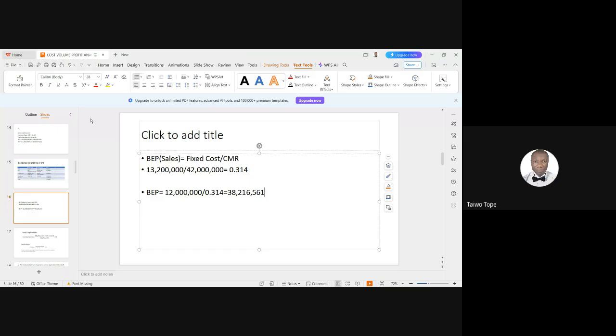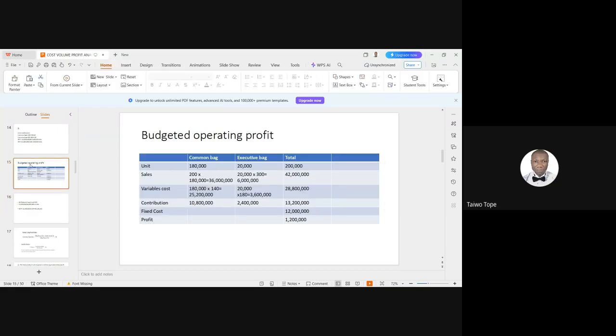Looking at these workings, common bag, what are your sales? 36 million.